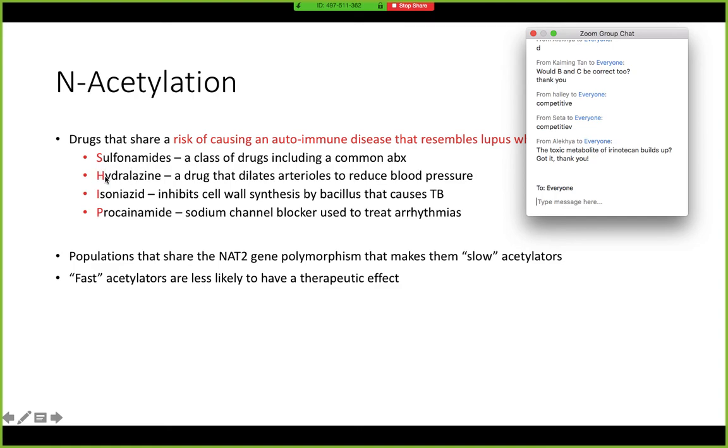Say, if the patient is being given hydralazine and they have this gene polymorphism, they're going to slowly acetylate this drug, so they're going to have a buildup of hydralazine, which is going to lead to the bad side effects of hydralazine, which is not something that you need to worry about right now. So just remember this mnemonic, and that they accumulate. You get an autoimmune disease that resembles lupus, and you should be good.